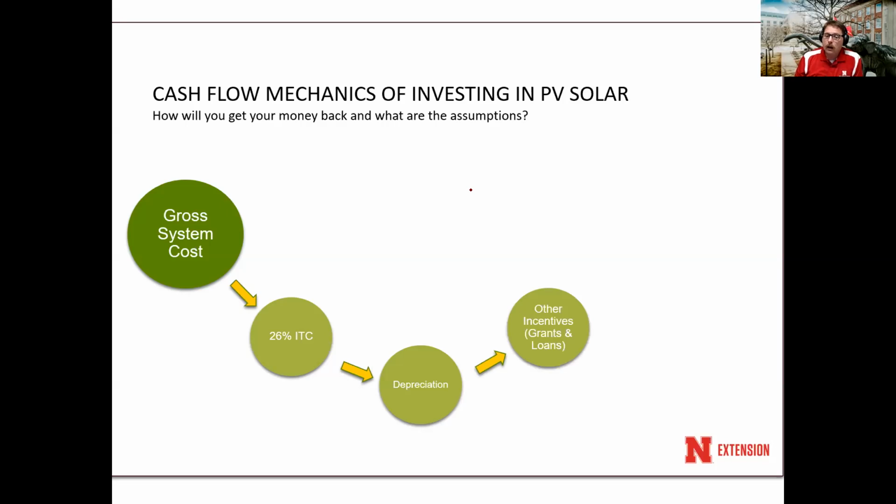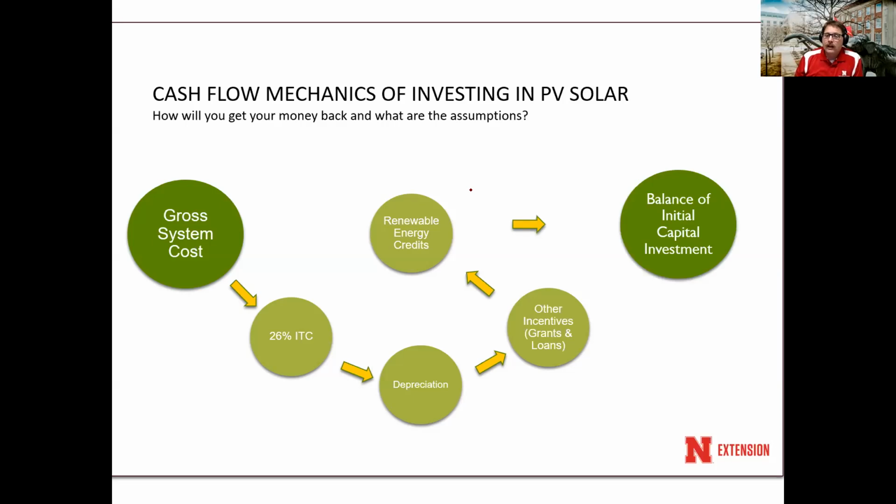There might be other incentives, grants, and loans. That could be from the federal government in the case of USDA, Rural Energy for America. That could be your own utility's program, and LES has a program. We're going to touch on that a little bit later. There could be renewable energy credits. Those in Nebraska really have no value at the moment, but in other states there is value in renewable energy credits.